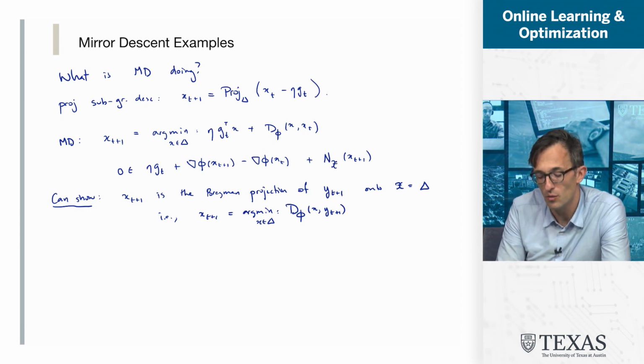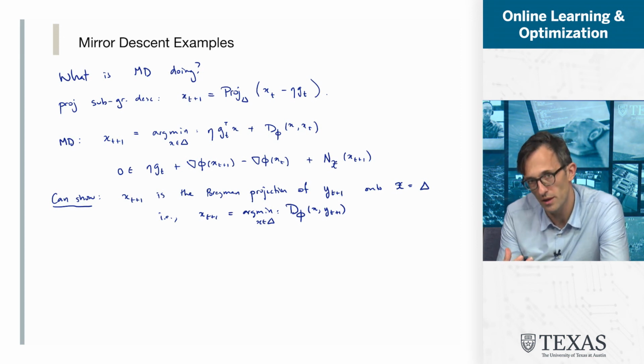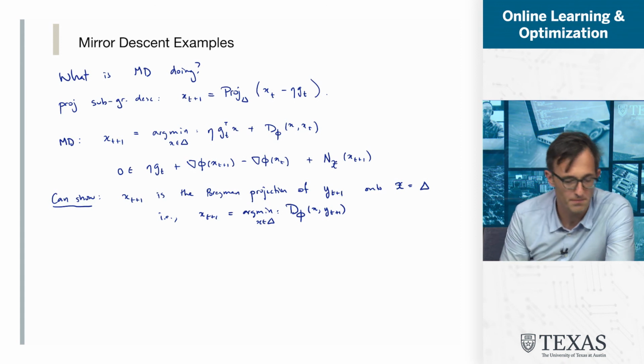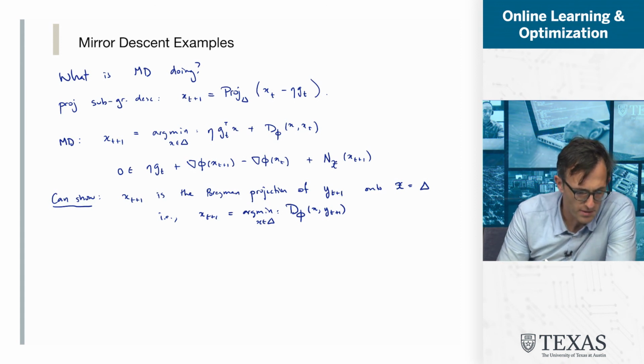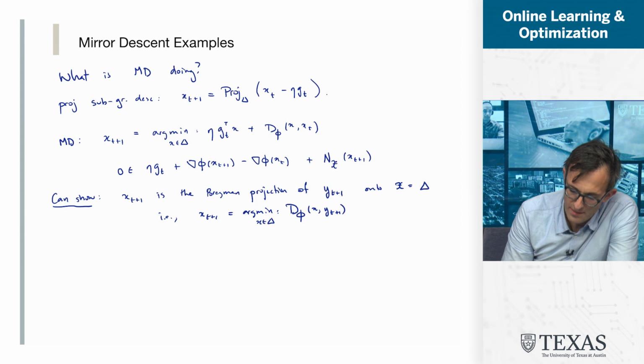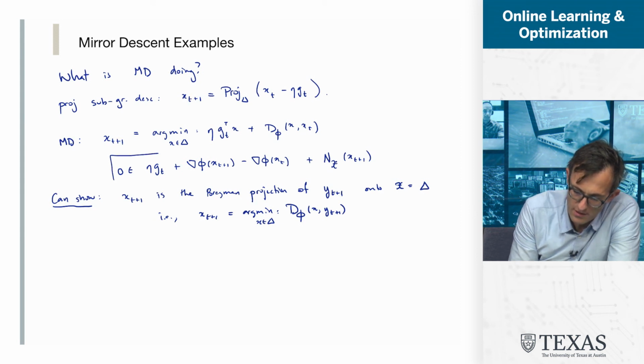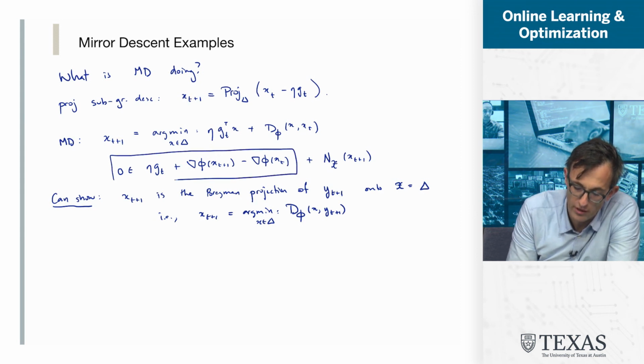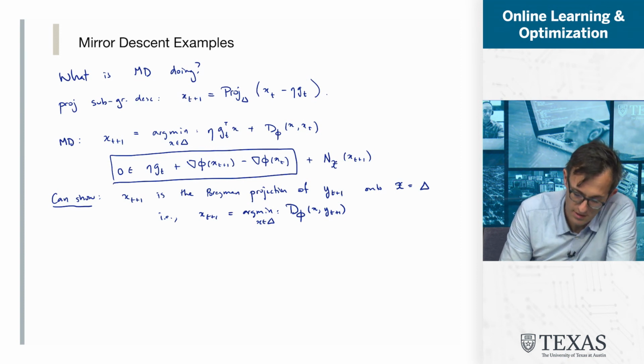If phi were equal to half Euclidean norm squared, the Bregman divergence would be just our usual Euclidean norm, and this would be our usual projection. Okay, and what is yt plus 1? We get yt plus 1 just by looking at this portion, the unconstrained version.